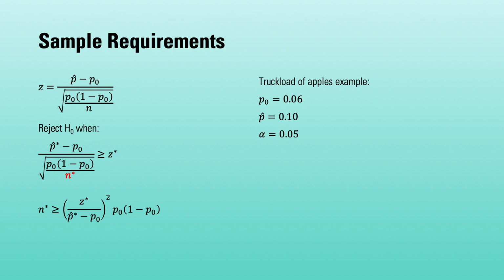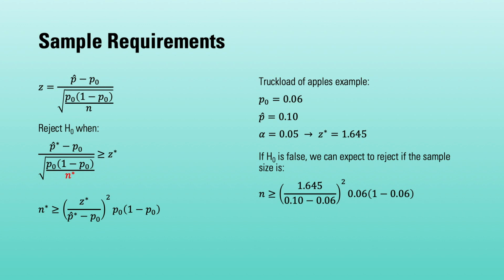And let us also keep the significance level alpha at 0.05 with an associated critical score of 1.645 for a right-tailed test. If we now plug the numbers into the inequality shown in the bottom left of the screen, we obtain that we need a minimum sample size requirement of 96 apples in order to have a reasonable shot at rejecting the null hypothesis.